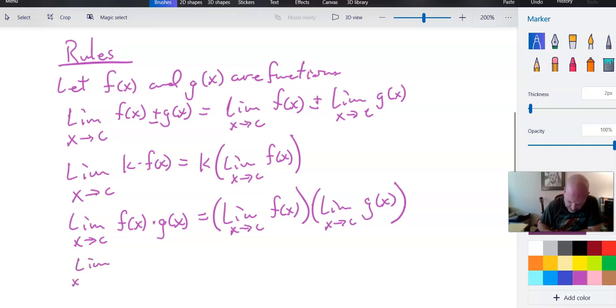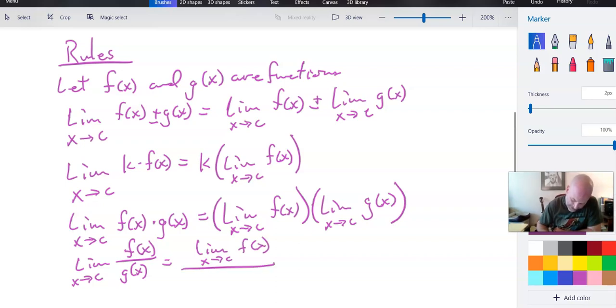And then the last one is for division, and it actually works for division too. The limit as x approaches c of f of x divided by g of x is the limit, oh, this is going to get messy, as x approaches c of f of x divided by the limit as x approaches c of g of x, right?